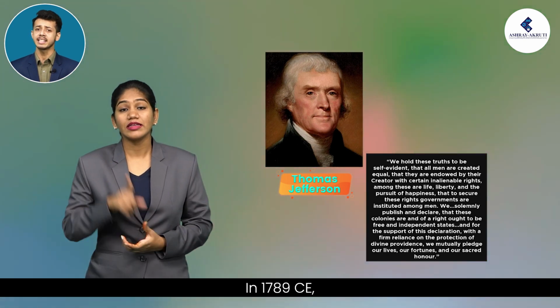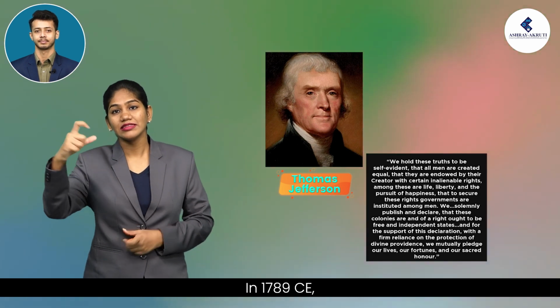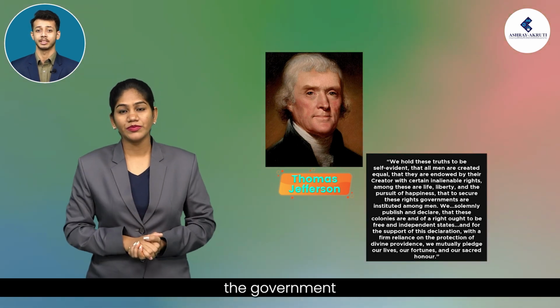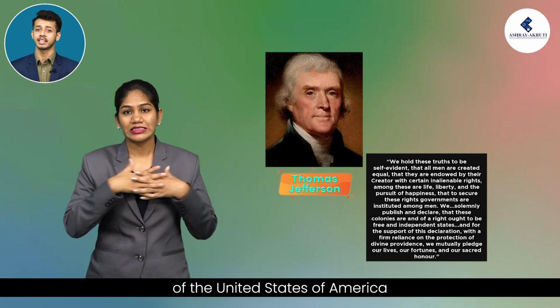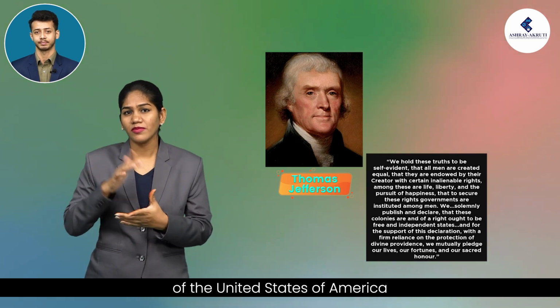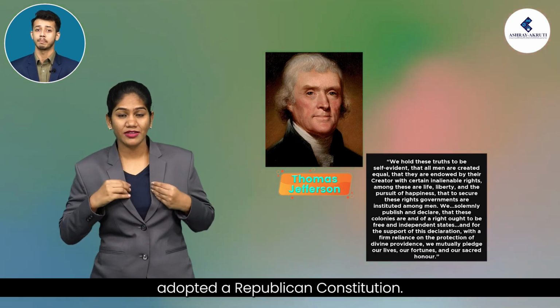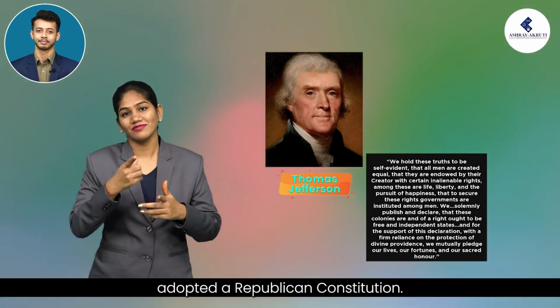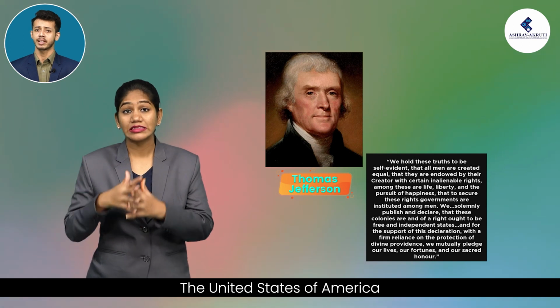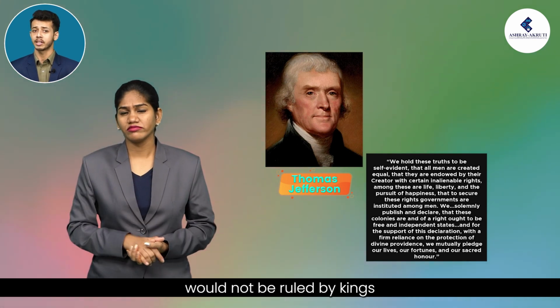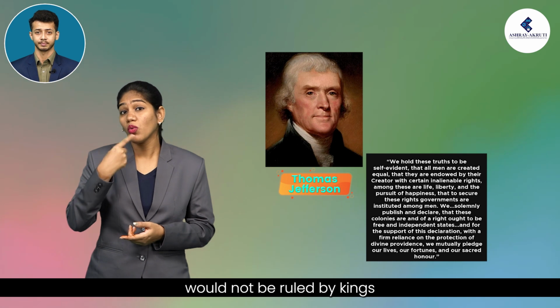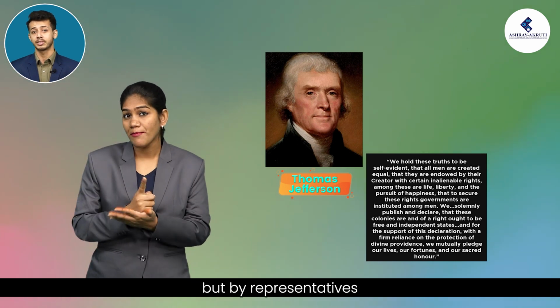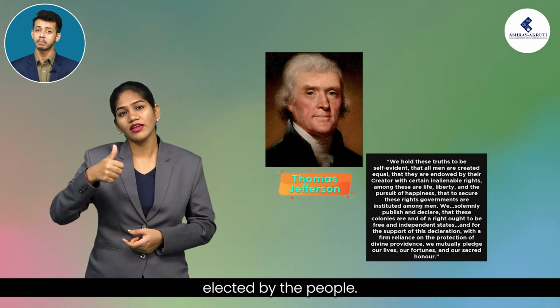In 1789 CE, the government of the United States of America adopted a republican constitution. The United States of America would not be ruled by kings but by representatives elected by the people.